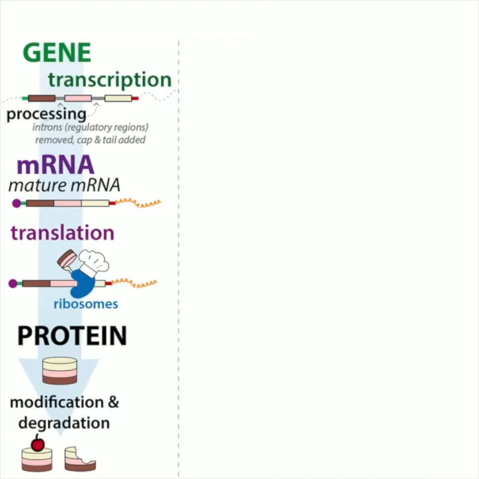But that involves going through an intermediary mRNA step, and so often that mRNA step is what's measured when you're talking about expression. So when you're talking about gene expression, you can either be talking at the level of is the mRNA being made, or is the protein being made? But ultimately what you usually care about is whether the protein is actually in the cells.